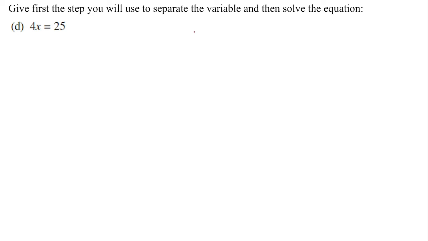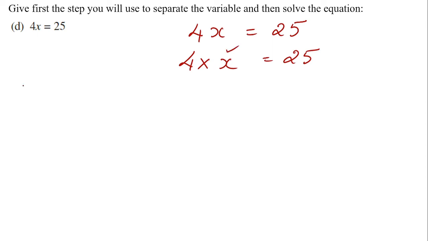Next is 4x is equal to 25. 4x is nothing but 4 into x is equal to 25. So this unknown number is over here x and its multiplication. So what are you going to do?